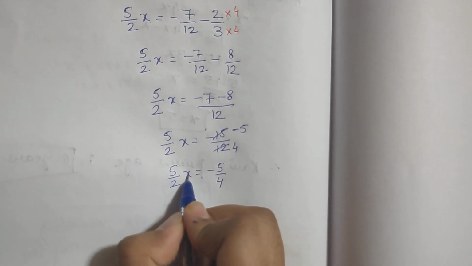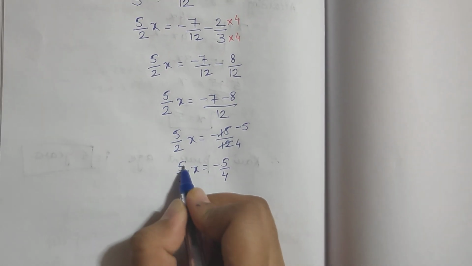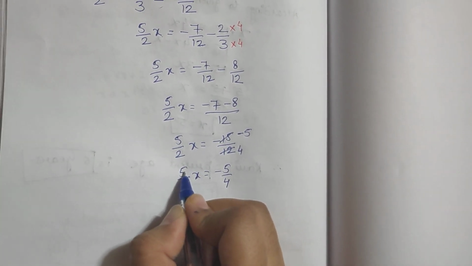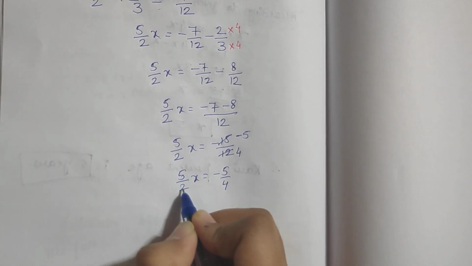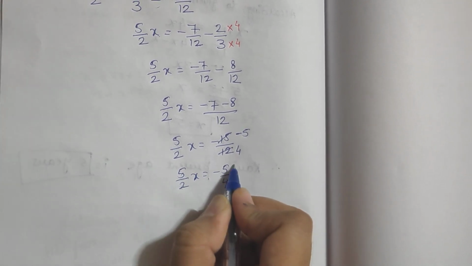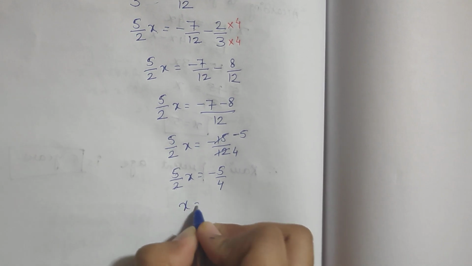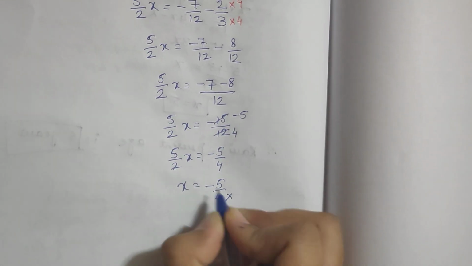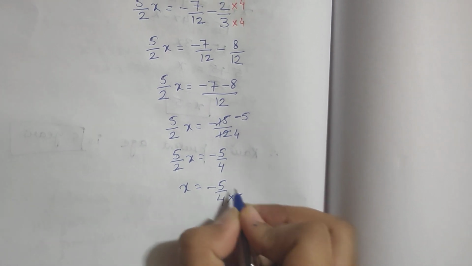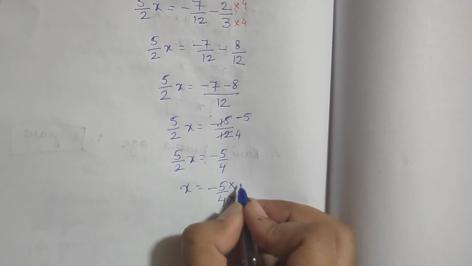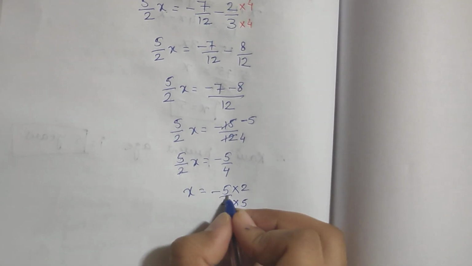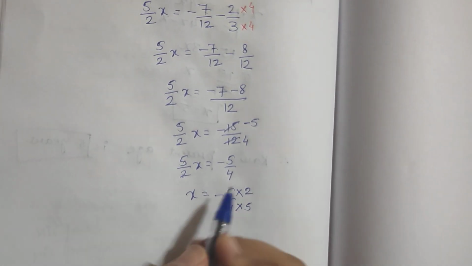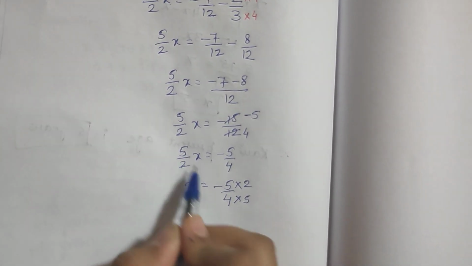Now keeping this variable here, we have to transfer this 5 and 2. As this 5 is multiplied here, it will go and divide. As this 2 is divided here, it will go and multiply. So x is equal to minus 5 upon 4 into, this 5 will come here, into this 2 will go there. Don't get confused with this 5, as it is multiplied here also.